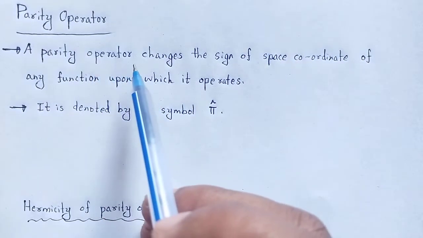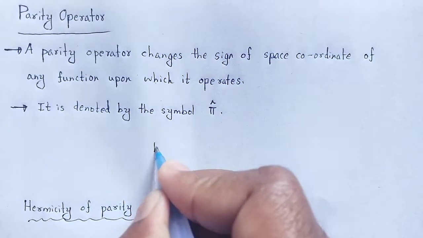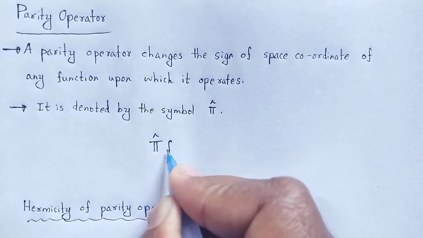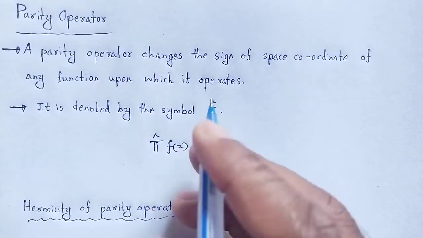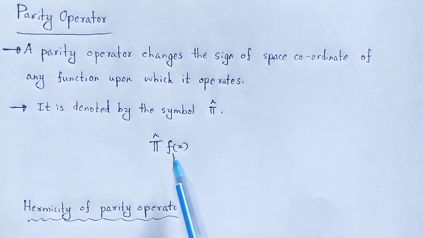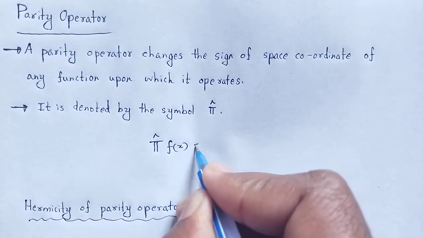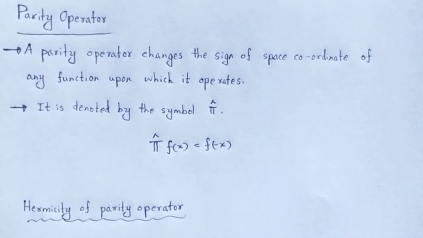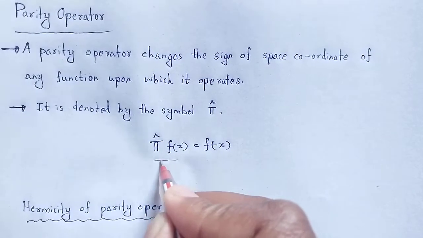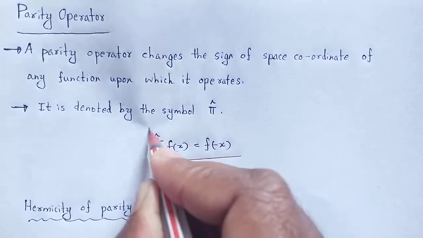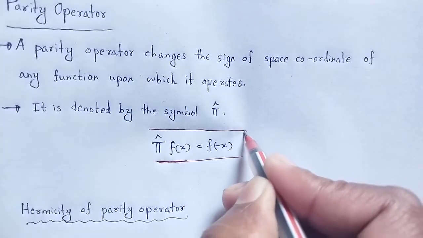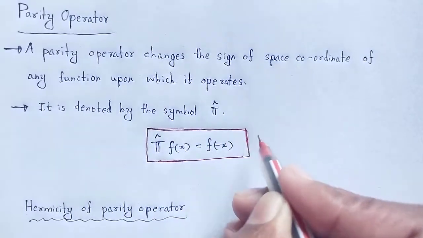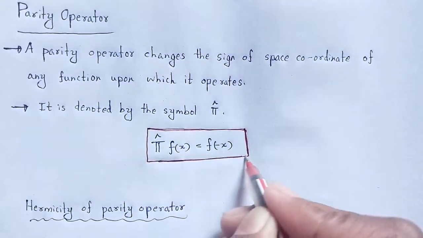That means when the parity operator pi cap operates over a function, let that function be f of x, it changes its sign, meaning f of x changes to f of minus x. This is the definition of the parity operator.